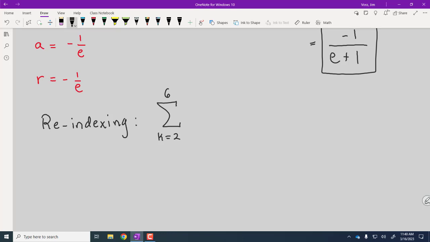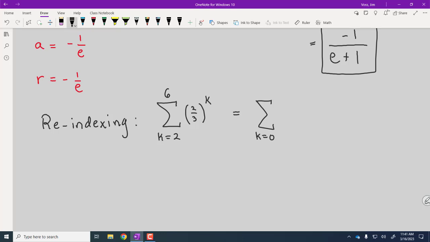Let's suppose that we have something in here like 2/3 to the k. We could find a and r pretty easily here. But let's re-index it. Let's suppose, for whatever reason, that we really want k to start at 0.